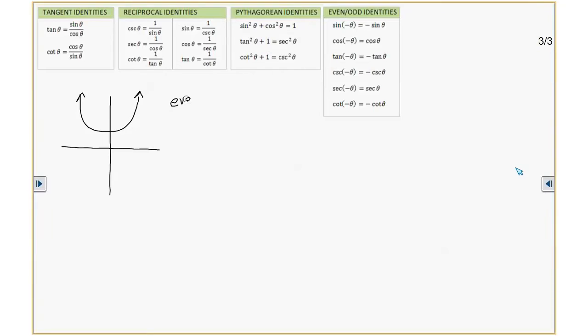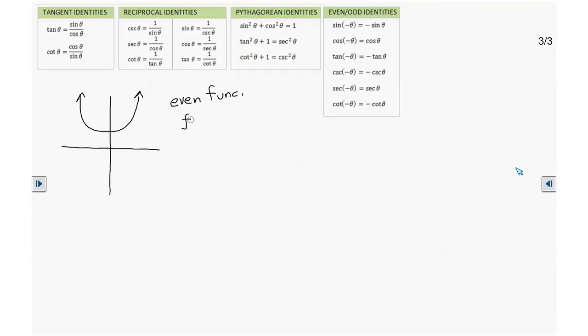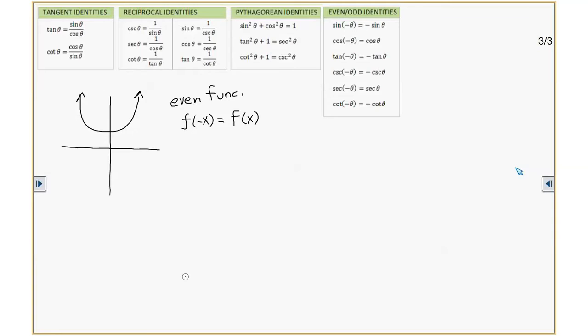It's symmetrical around the y-axis, so that's called an even function. And the old rule that goes with the even function is f of negative x is equal to f of x. Remember? F of negative x is equal to f of x.